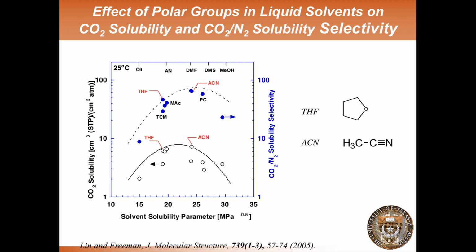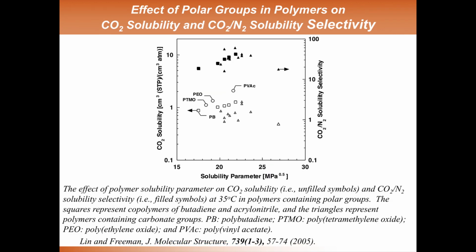And the functional groups that would be on liquids and how they would affect gas solubility provides at least qualitative clues as to how those functional groups would behave in a polymer matrix.